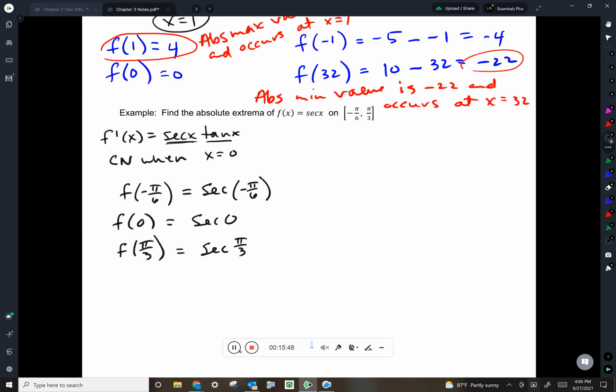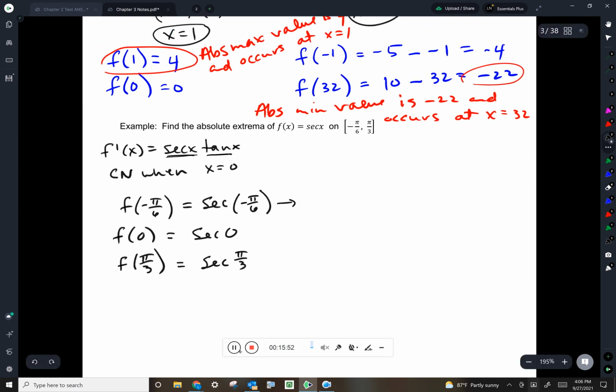Well, I don't have secant on my chart, so I'm going to think of this instead as the reciprocal of cosine, right? So I'll think of it as 1 over cosine. All right, so forget the negative. What is the cosine of pi over 6? Well, on my chart, I know that the cosine of pi over 6 is square root of 3 over 2.